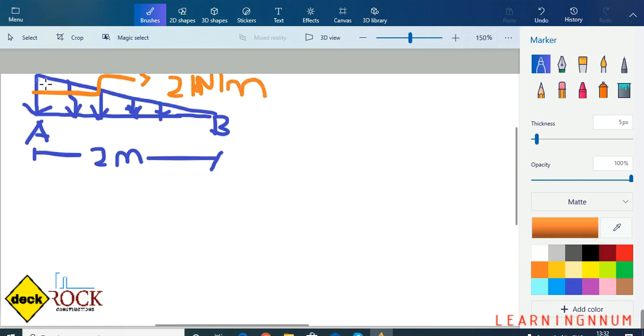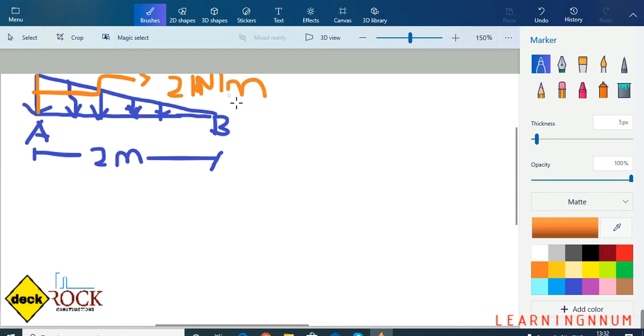Understand this extreme ordinate at point A is 2 kilonewtons per meter, so that unit is known as 2 kilonewton per meter.